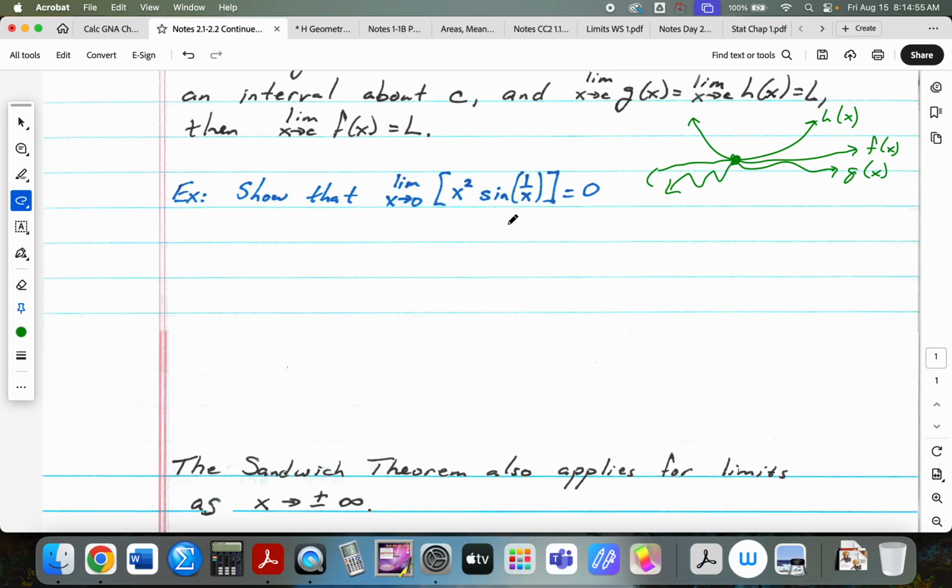It's always between 1 and -1. So what we can say is that x squared times -1 is always going to be less than or equal to x squared times sine of 1 over x, which is always going to be less than or equal to x squared times 1.